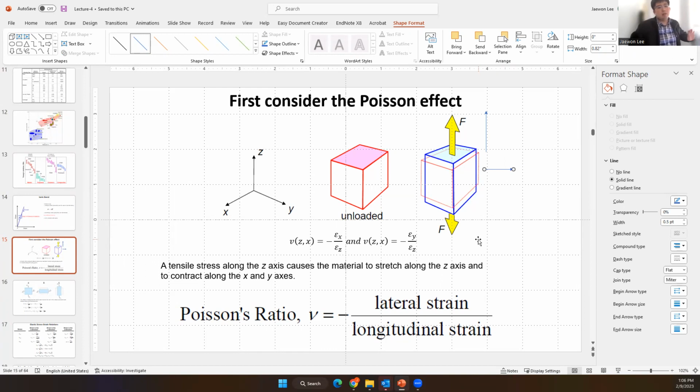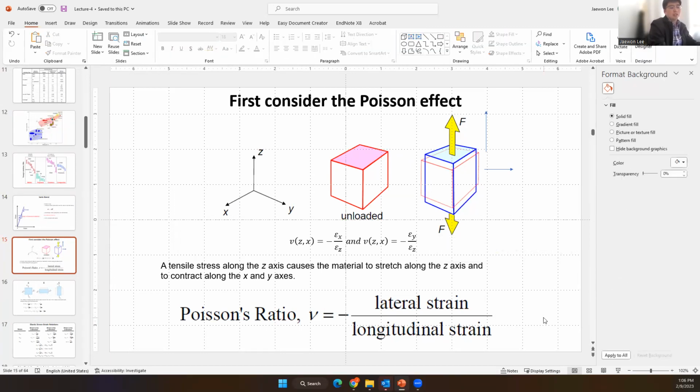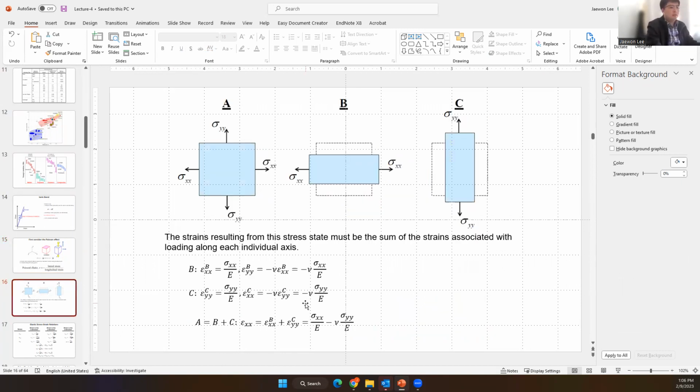In fact, I already explained it before when I showed the examples, but to explain the difference in the anisotropic properties, the Poisson ratio was developed.